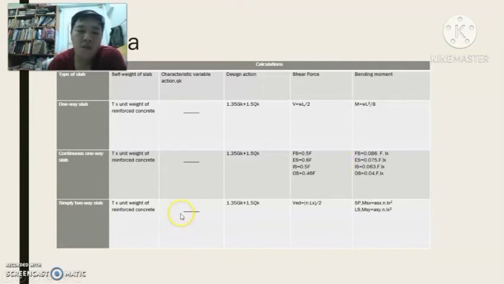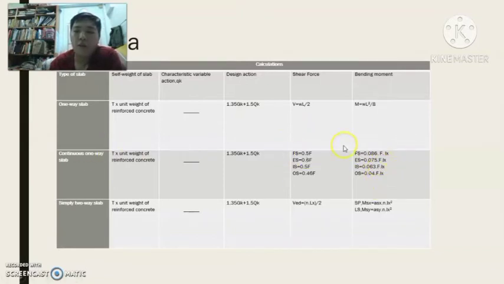It is different compared to the continuous one-way slab, because a continuous slab has more spans, two or more, three, and so on.